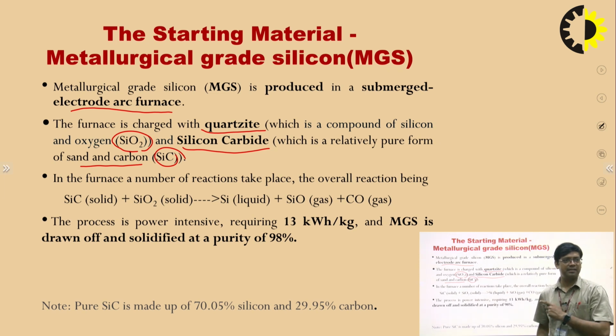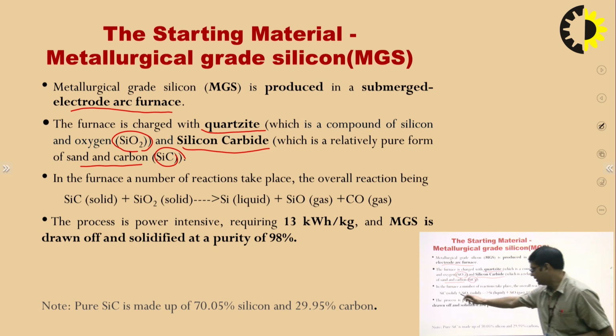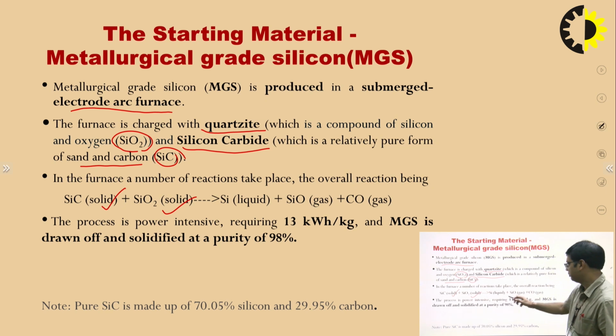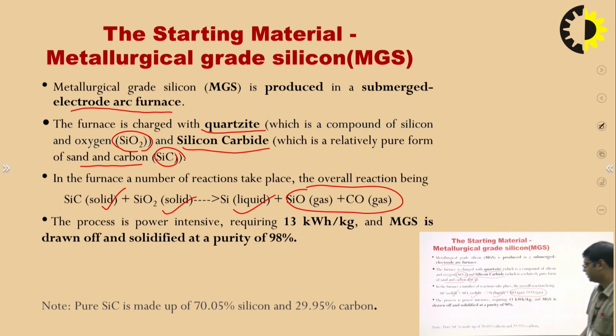The chemical reaction in the furnace to produce MGS is given by SiC, which is solid, plus SiO2, which is also solid, which gives you silicon plus byproducts in the gaseous form, SiO and CO.